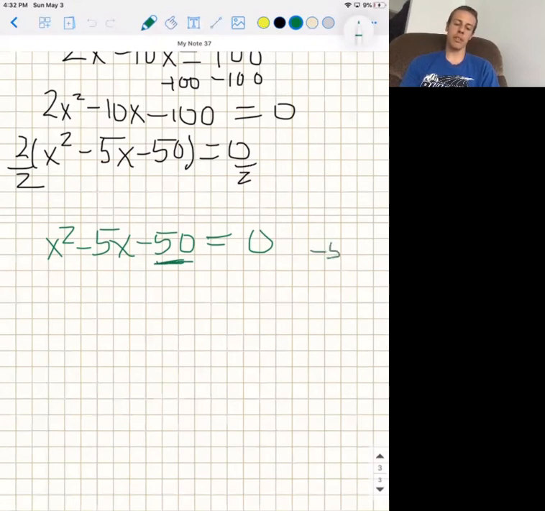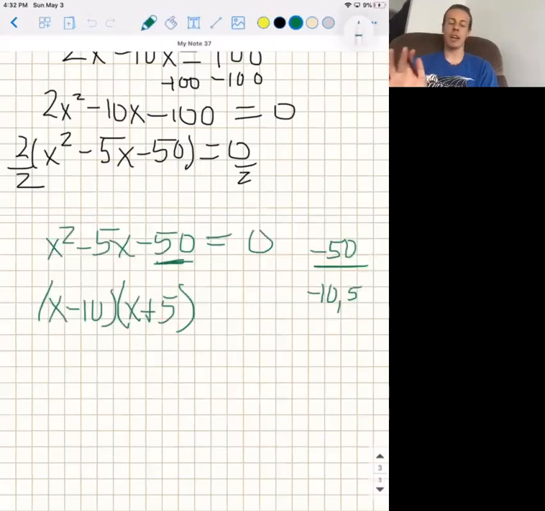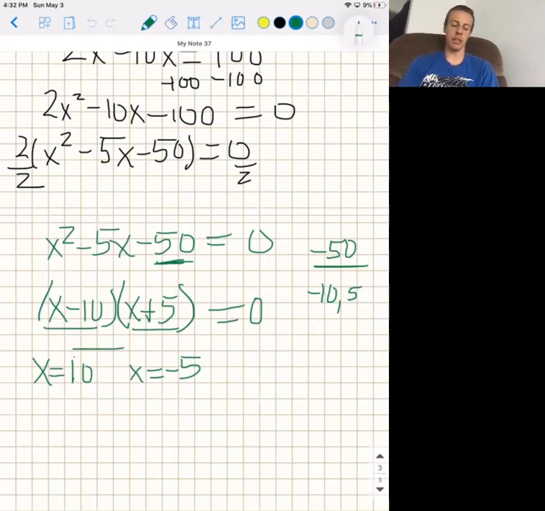I'm going to pick negative 10 and positive 5. So you can write this as x minus 10 and x plus 5 equals 0. If you want to check me, go ahead and FOIL it out. Your solutions are x equals 10 and x equals negative 5. Just set x minus 10 equal to 0 and x plus 5 equal to 0. In this case, you actually have two solutions.